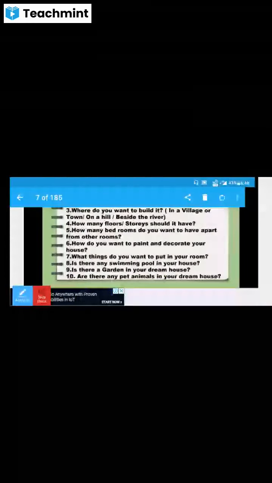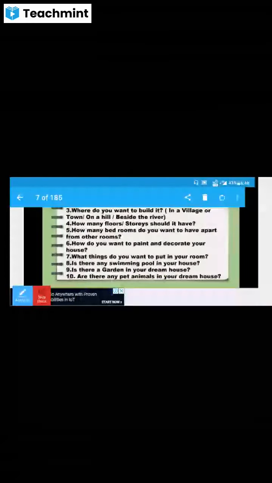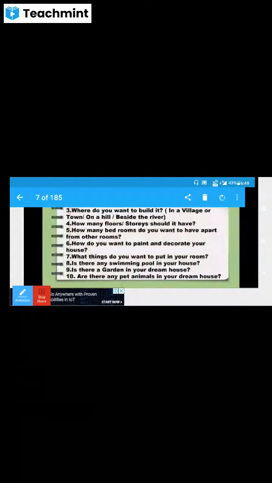Are there any pet animals in your dream house, alive along with you? In the beginning of this class, you can see one picture, where there are many animals, like rat, dog, pig, hen.